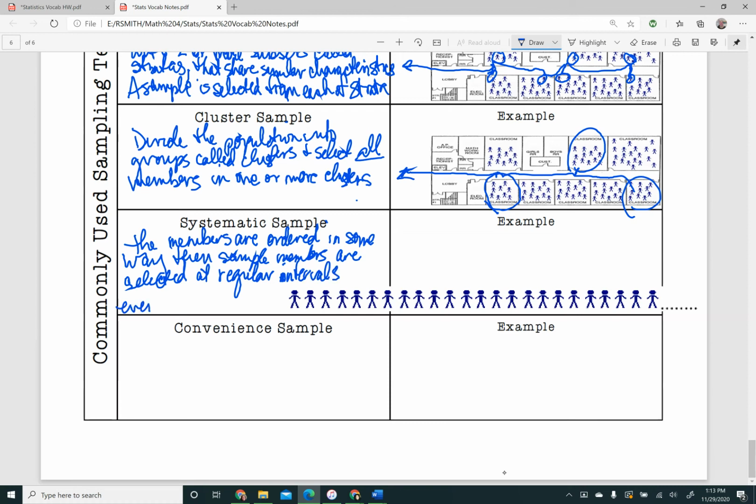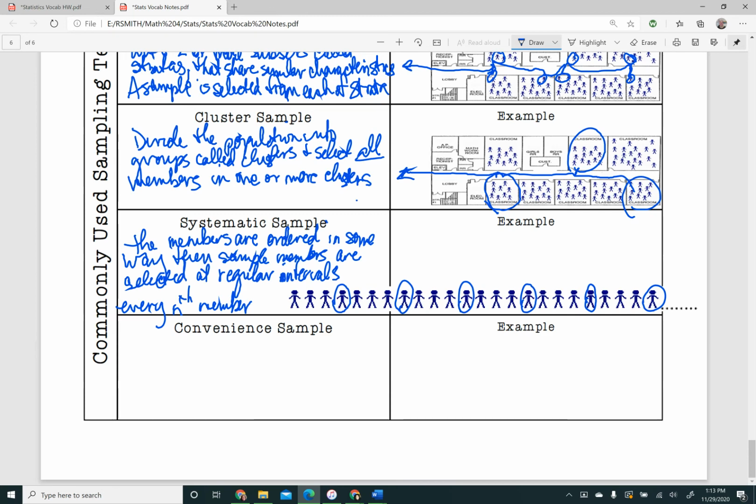So every nth member. So let's say we pick every 4th member. So 1, 2, 3, 4, 1, 2, 3, 4, 1, 2, 3, 4, every 4th member.